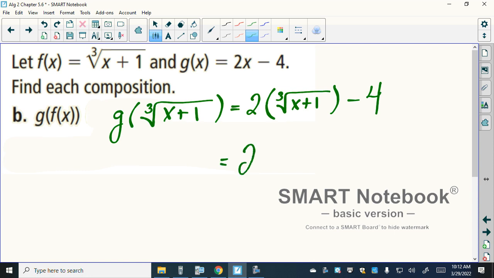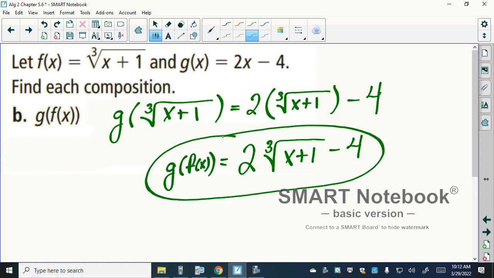Well, that's actually it, because we're multiplying 2 by the cubed root. So we have 2 times the cubed root of x plus 1 minus 4.